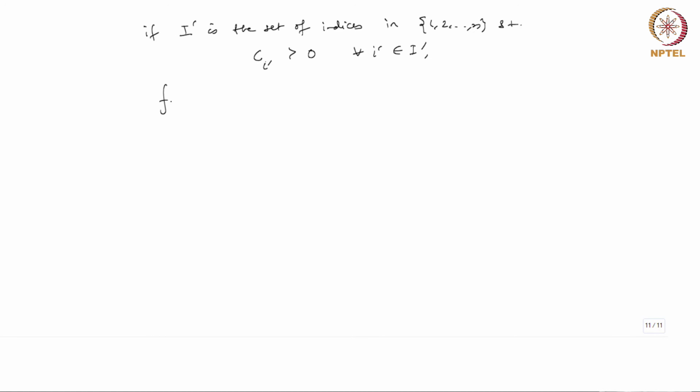So then the Riemann-Darboux integral of g(x), which is equal to the sum over k equal to 1 to n of c_k m(I_k), is less than or equal to the sum over i' of m(I_i'). So we are only taking those indices for which c_i' is greater than 0, but we already know that c_i' must be bounded above by 1, and since we have discarded the negative values, this sum of c_k m(I_k) can be bounded above by this new sum over the indices for which these values c_k are strictly positive.